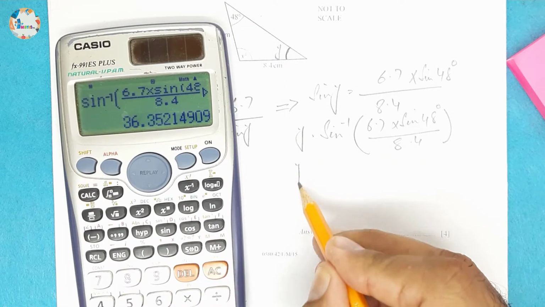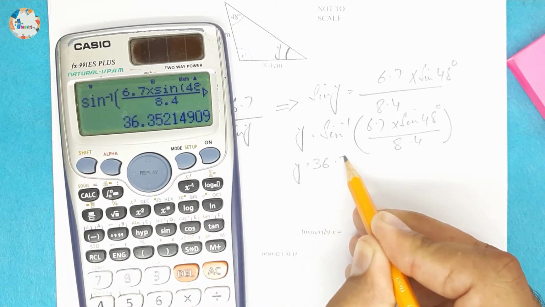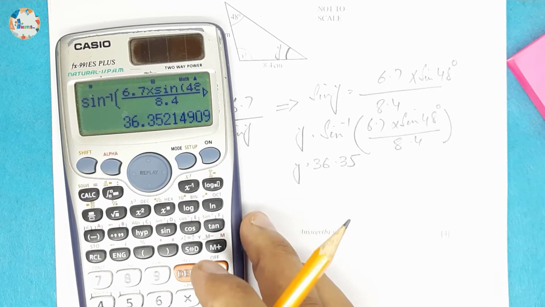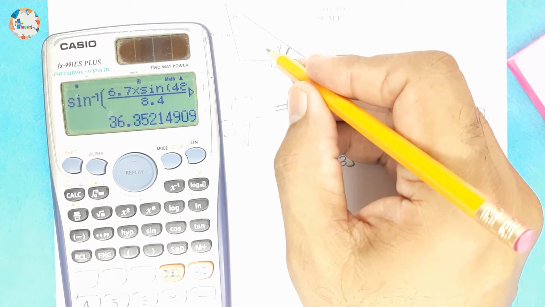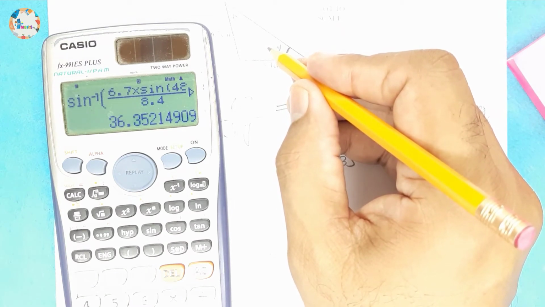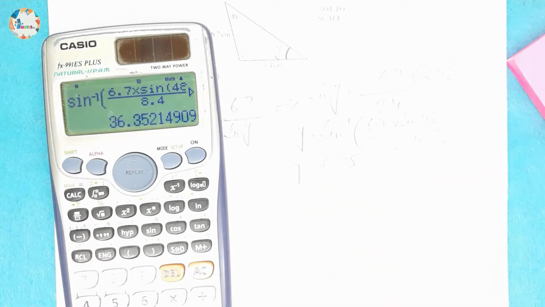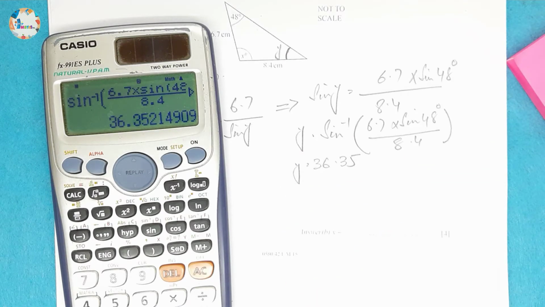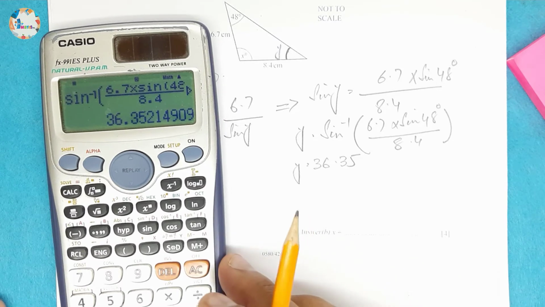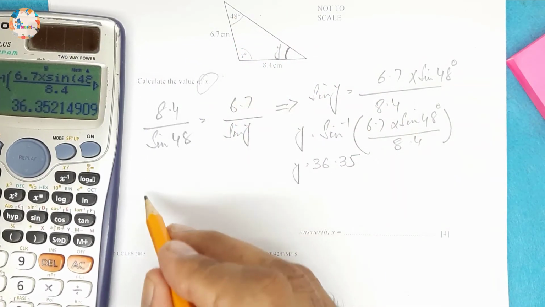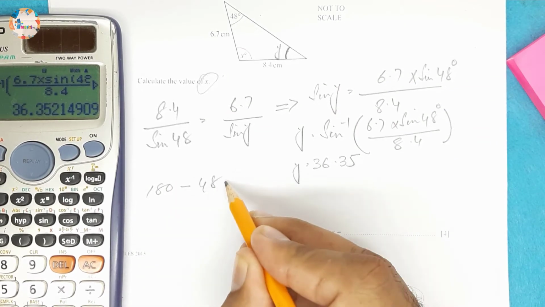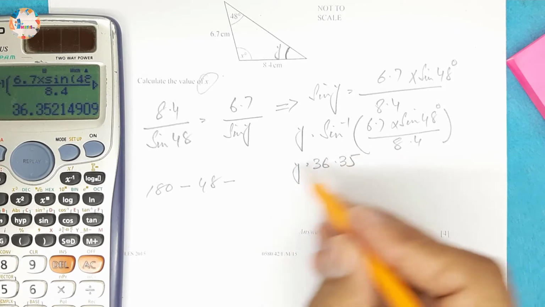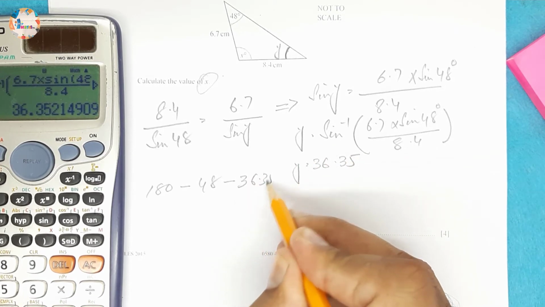36.35. So y is equal to 36.35, and now this angle is 36.35. So now we can find the third angle. So third angle will be 180 minus these two angles. So we can write 180 minus 48 and minus this angle 36.35.